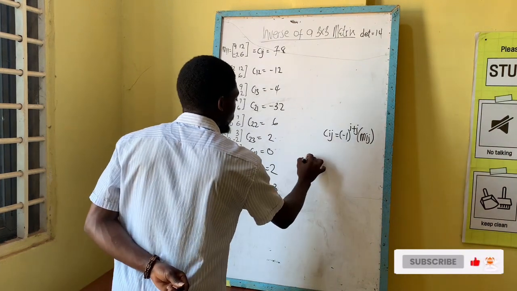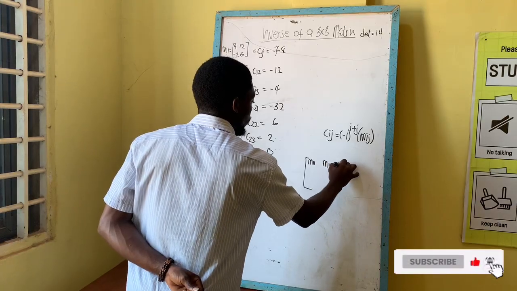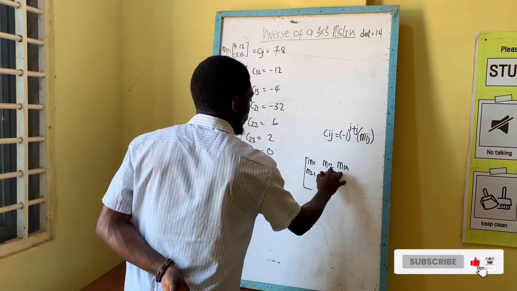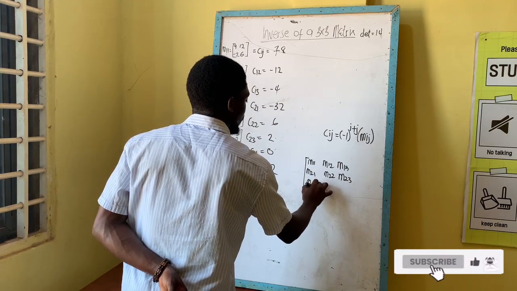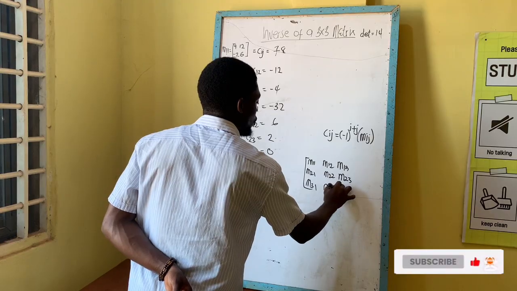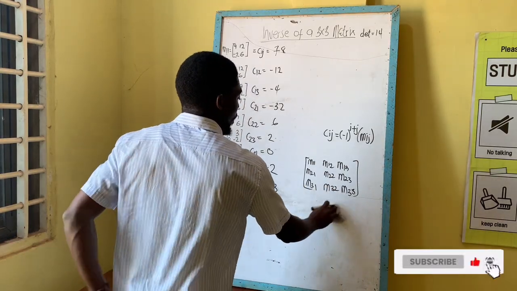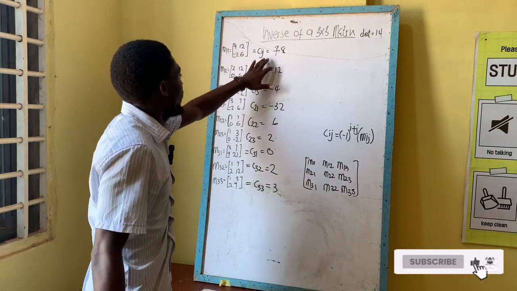So we have here minus 1, 1, minus 1, 2, minus 1, 3, minus 2, 1, minus 2, 2, minus 2, 3, minus 3, 1, minus 3, 2, then minus 3, 3. So we are going to represent this whole thing by the cofactors that we find here.